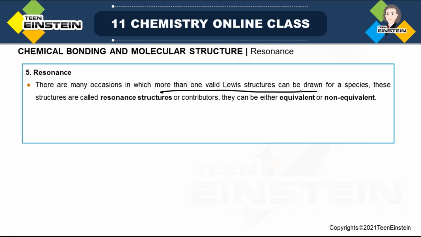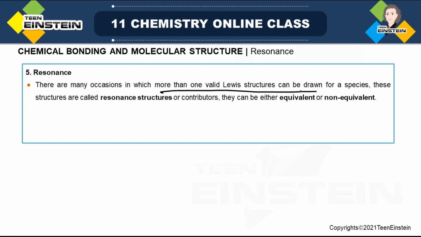So when all are valid, these structures are related to each other as resonance structures. Suppose for a particular species you have a total of 3 resonance structures: resonance structure 1, 2, 3. All these resonance structures will have some contribution to the actual structure.